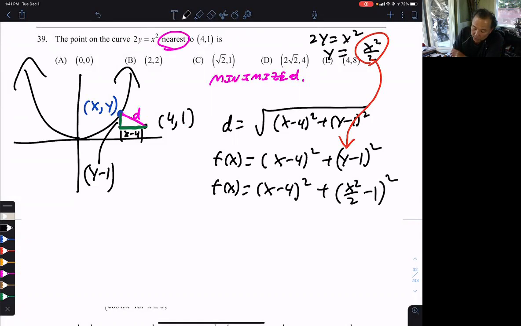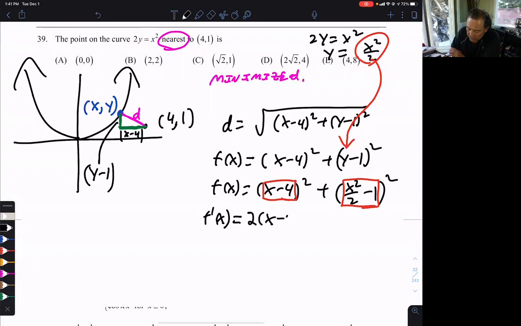Now to find my critical points, I need to take the derivative. And this is box squared, and this is box squared. So we take the derivative. It's going to be 2 times box to the first times the derivative of box, which is 1. And same thing here, the derivative would be 2 times box to the first times the derivative of box, which will be x.